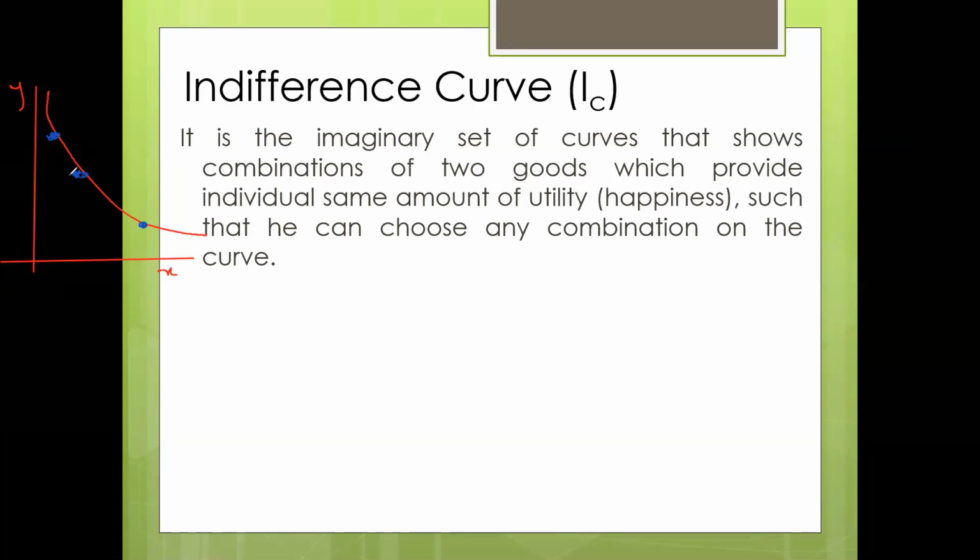In this one, they are almost equal, and in this one, x is more than y. So bundles A, B, and C. For this customer, this is an indifference curve because utility from A is equal to utility from B is equal to utility from C, and so he is getting equal happiness. That's why it is called an indifference curve. This is the basis of this definition. So let's move forward.